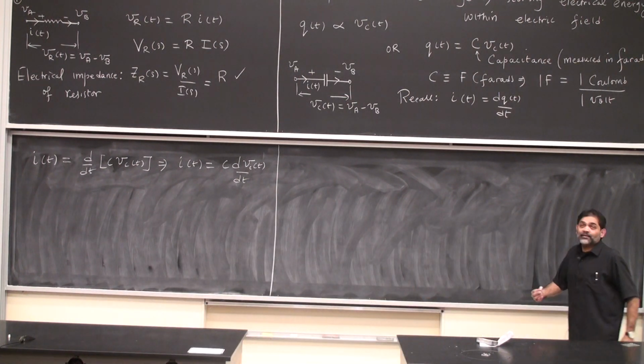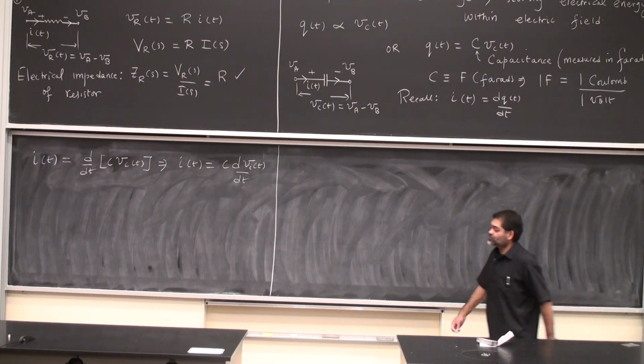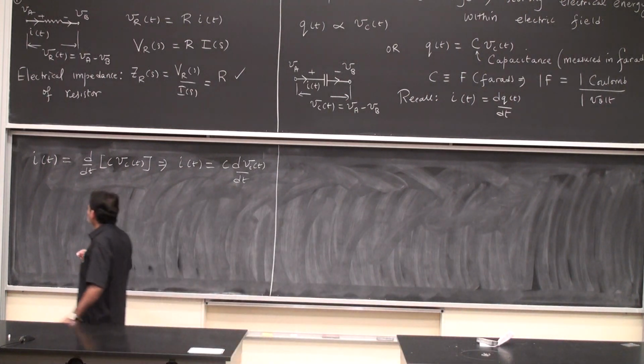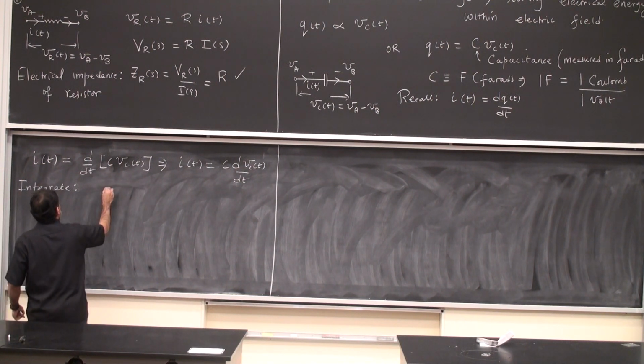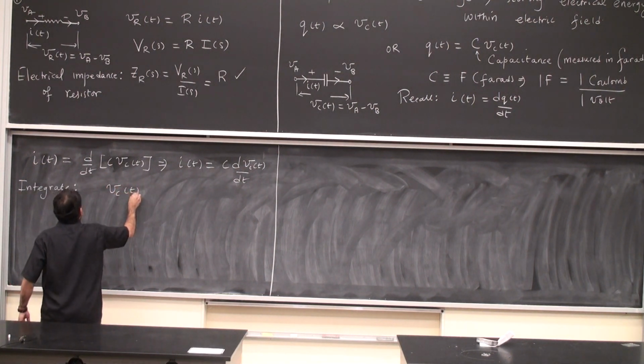And of course you can integrate it on both sides. If you do the integration on both sides, integral of I dt is C times integral of dv, and so I have Vc of t.